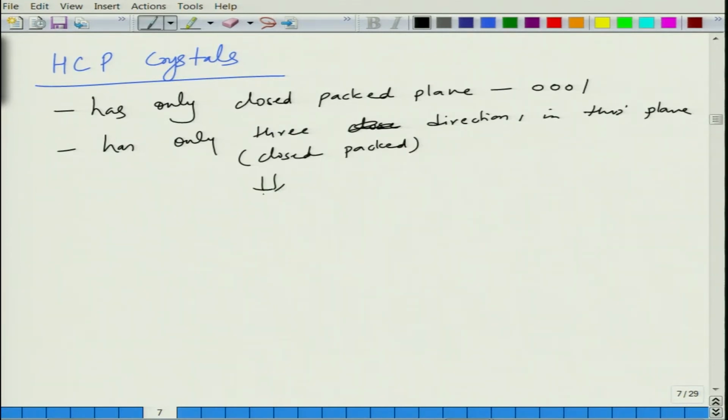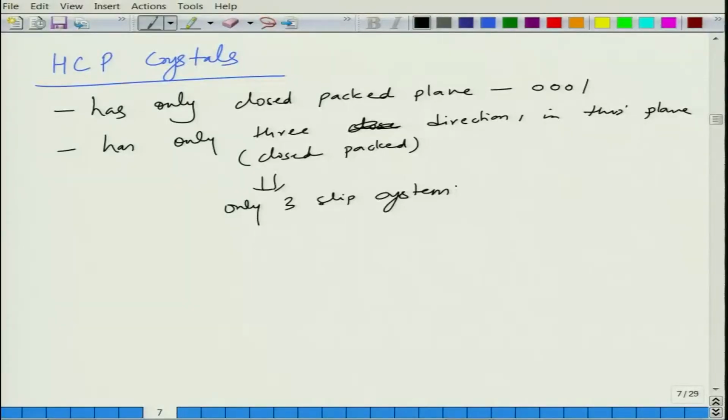So, which gives rise to only three close packed slip systems. There are other slip systems as well, the planes which are not necessarily close packed, but the close packed directions lie in those planes, but there is only one slip plane.